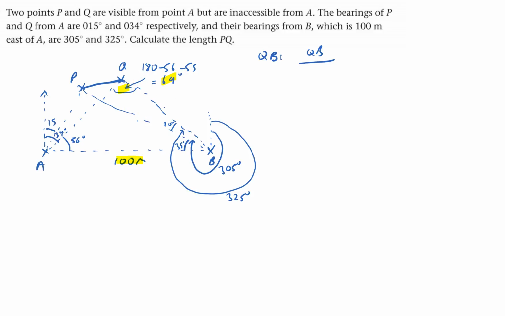So QB over sine 56 equals 100 over sine 69. So QB equals 100 over sine 69 times sine 56, and that equals 88.80194. Keeps on going.